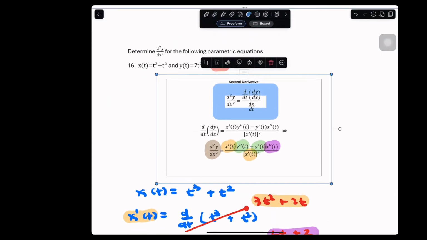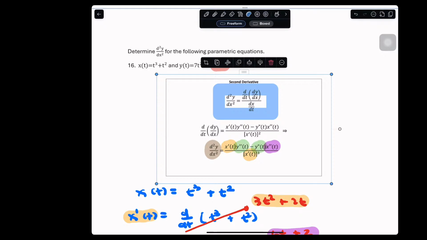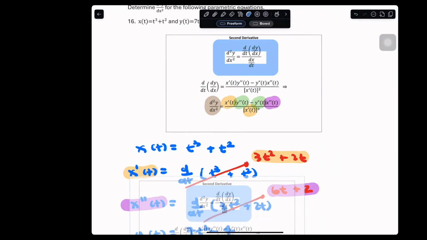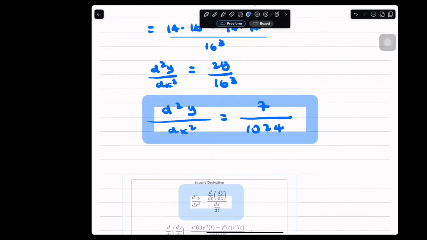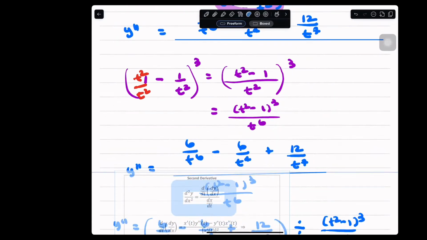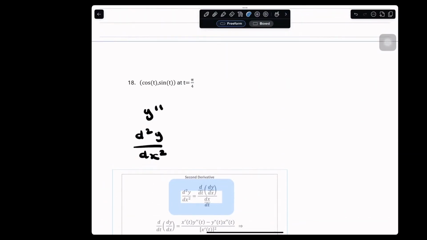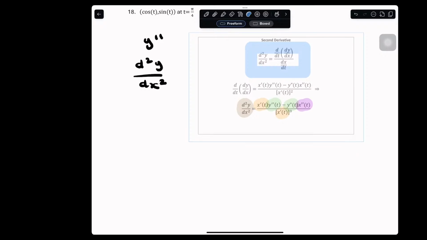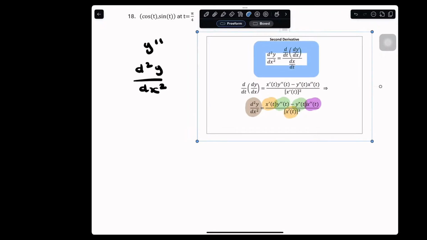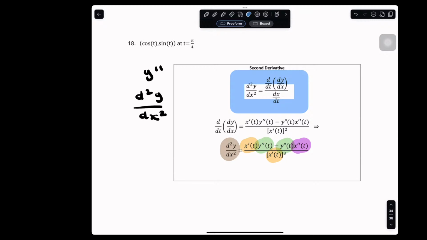Let's duplicate that. Bring that down. Okay, finding the second derivative.